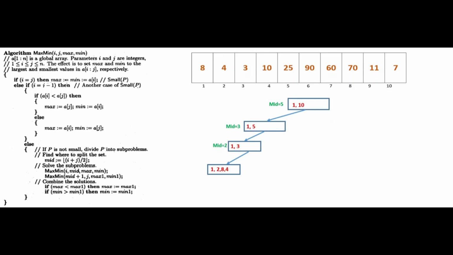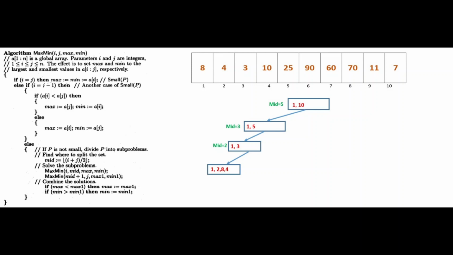Now next we have to execute the second recursive call in that algorithm, since we completed the first recursive call. The second recursive call is max min of mid plus 1 comma j comma max 1 comma min 1.